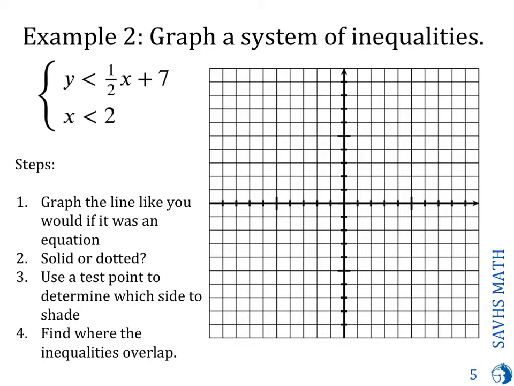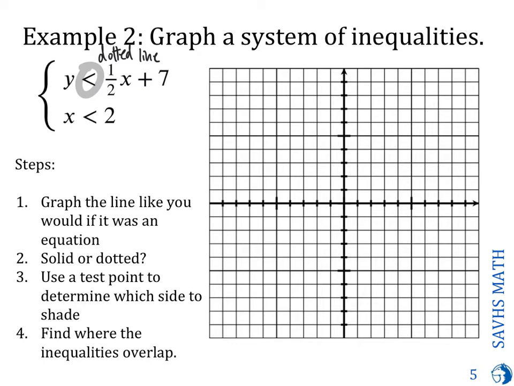I'm going to do exactly the same steps, but I have to do it twice because I have two inequalities to graph. I'm going to go a little bit faster this time. Since this is an inequality that just says less than, I'm going to use a dotted line, and that represents that the line isn't part of the solution that I'm graphing.